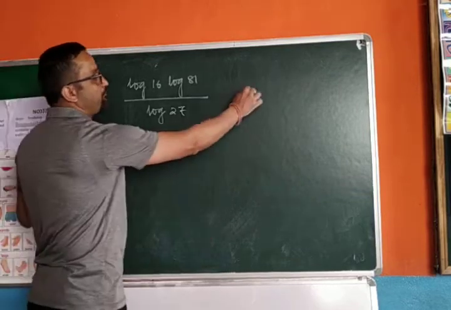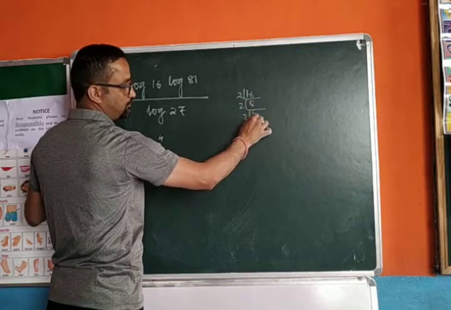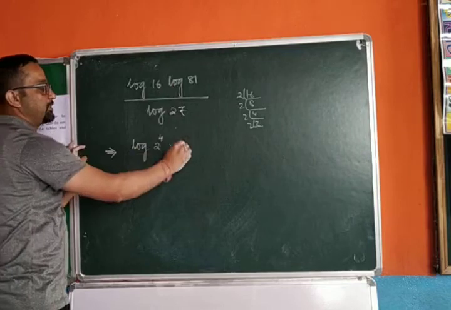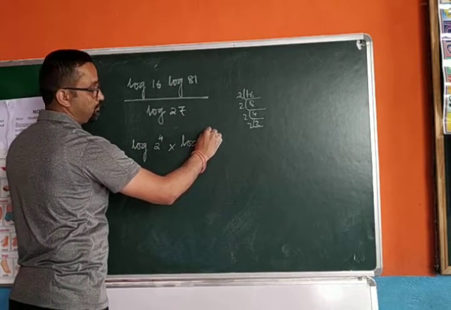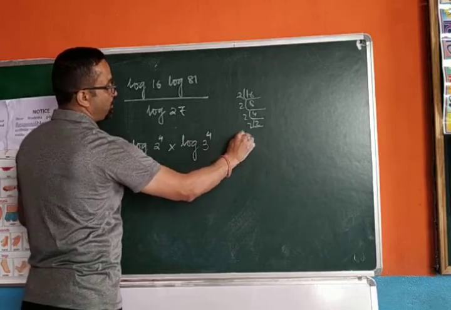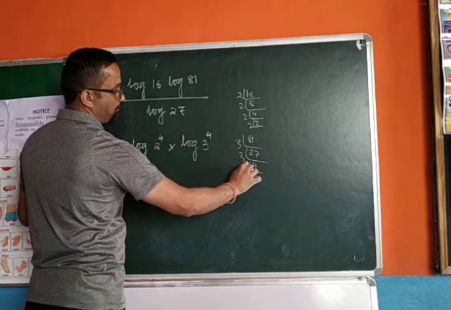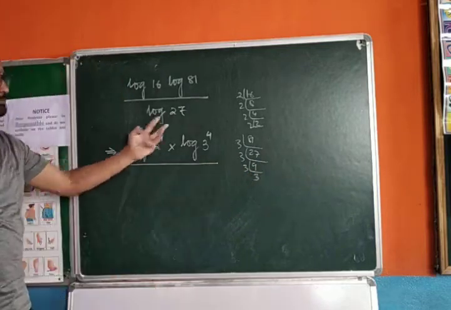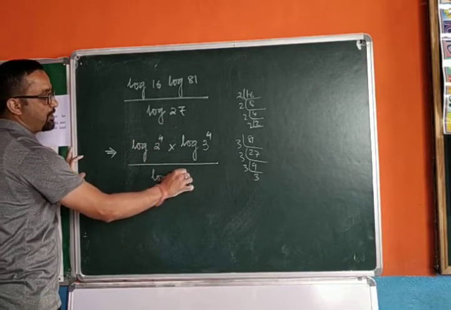You can find prime factors. Put multiplication signs. Similarly, this can be written as log 3 to the power of 4. 81, 27, 9, 3. Denominator: log 3 to the power of 3.